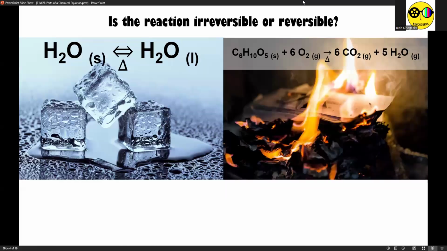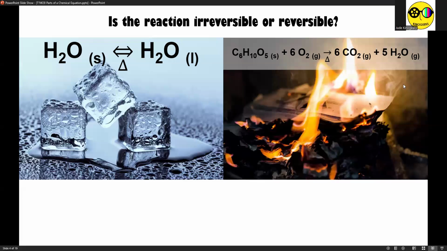All right. Next. So we'll be using the two introductory examples as our reference points in each part of the chemical equation. So let's answer the question, is the reaction irreversible or reversible?